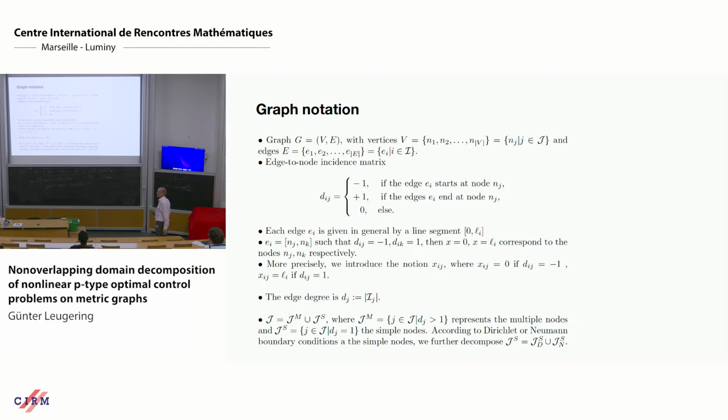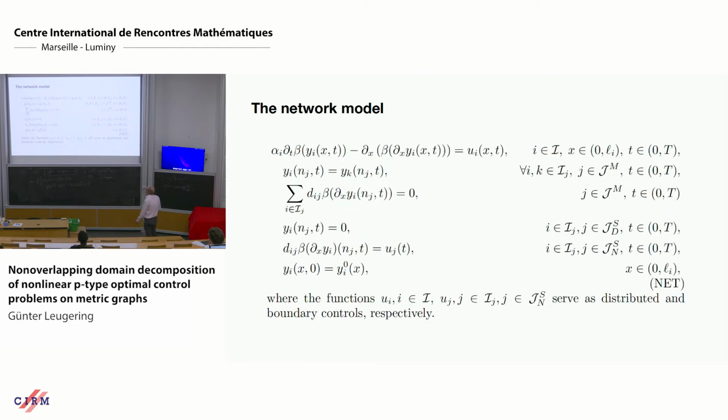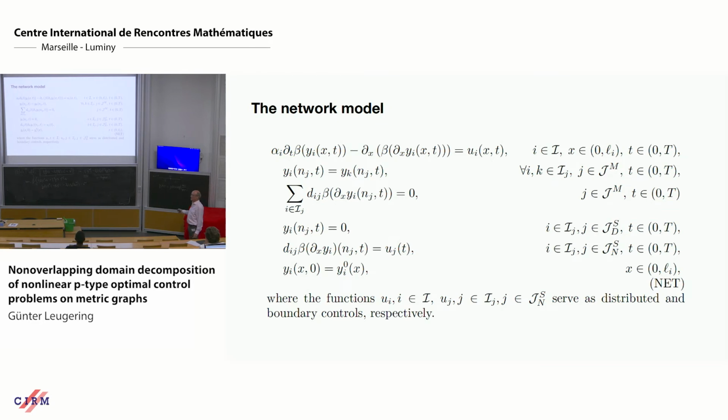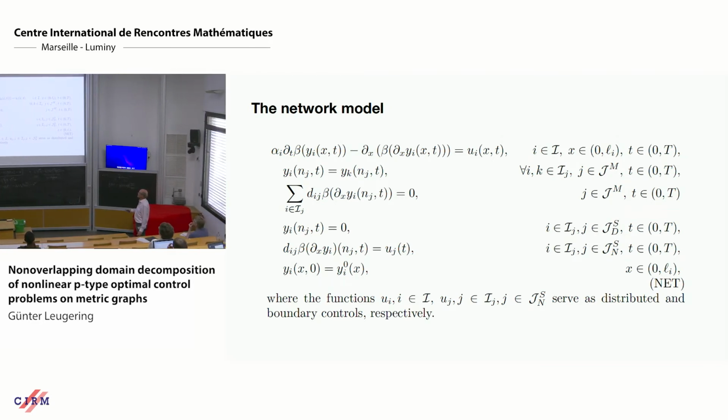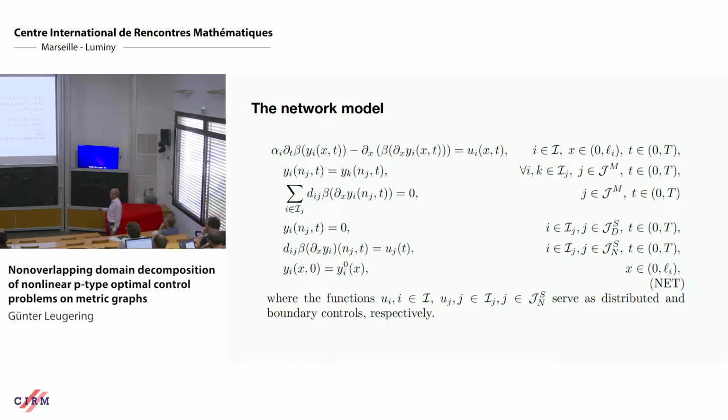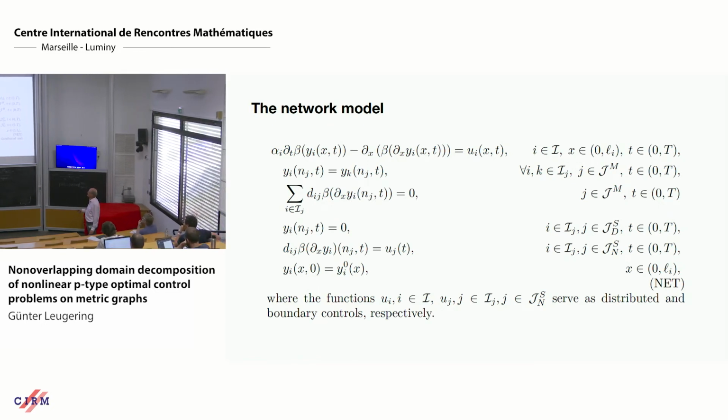Okay, so there is a lot of notation that you can use. Here is the object of desire, okay? Of my desire, maybe not of your desire, but this is the object. So you have the equation. This is the doubly nonlinear p-parabolic equation. Now you have continuity at multiple nodes. So here is the multiple node. The pressures should be continuous.